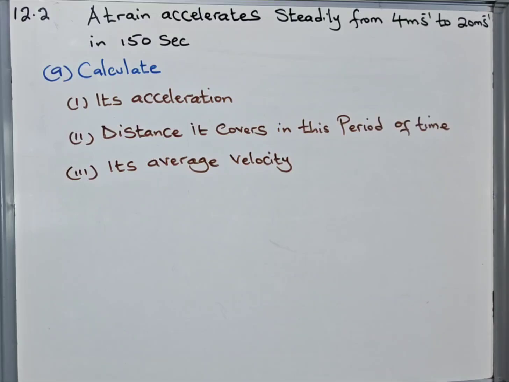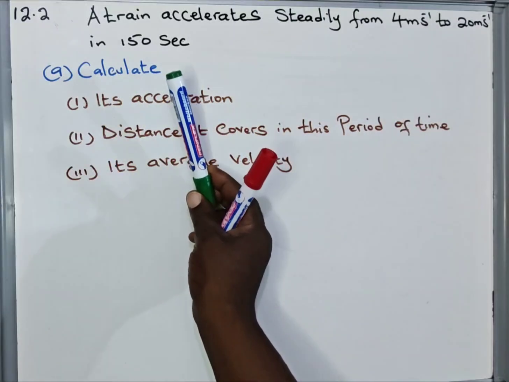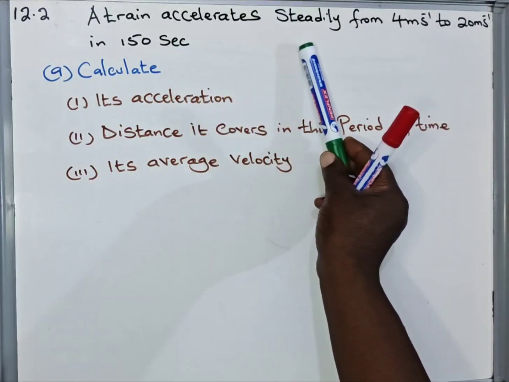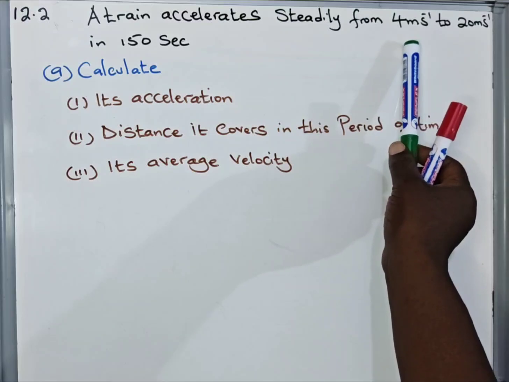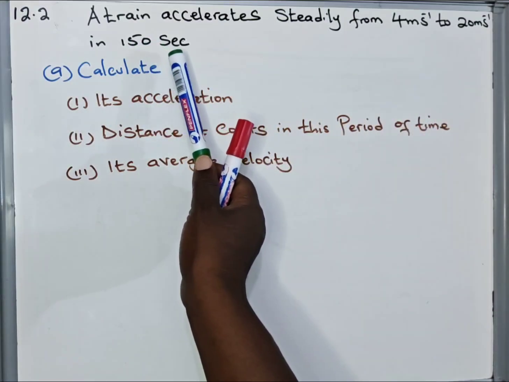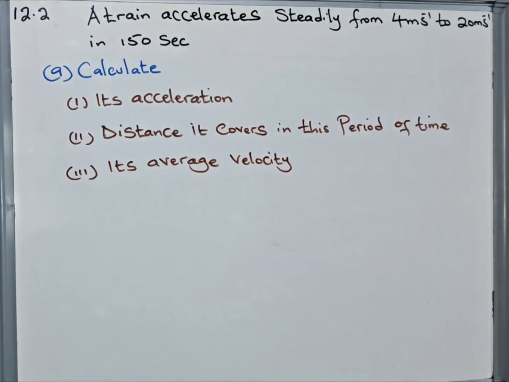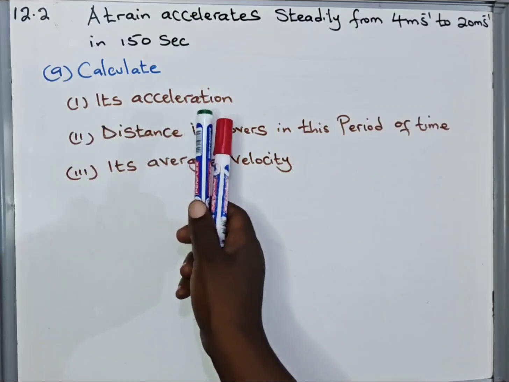Today we are looking at this case. It says that a train accelerates steadily from 4 meters per second to 20 meters per second in 150 seconds. The question says: calculate its acceleration.